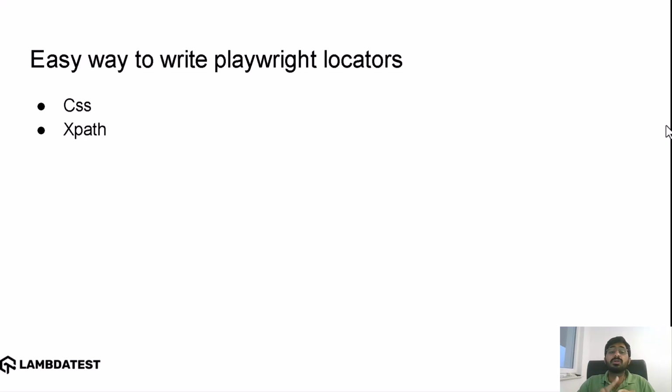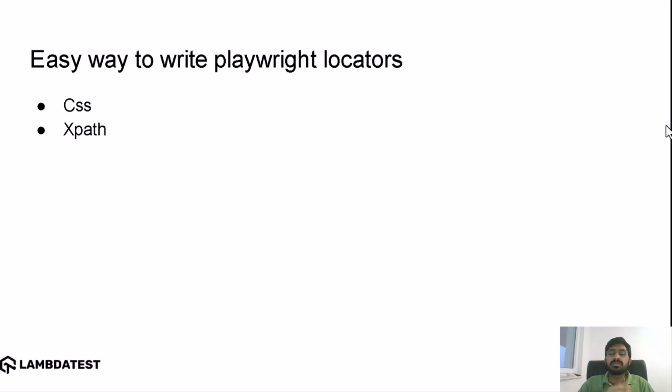Similarly, all of them can also be easily converted into an XPath. So we no longer need to think about whether I should call the method get by text or get by label. Instead of being confused by all those methods, I can directly call the get method, which is the parent of all these methods, and within it I pass either a CSS or an XPath.